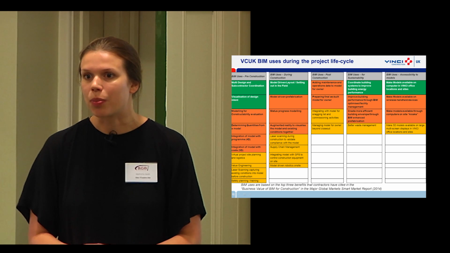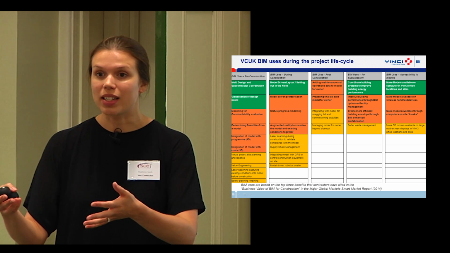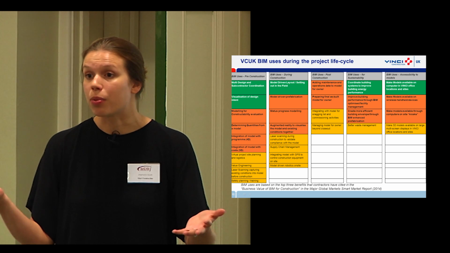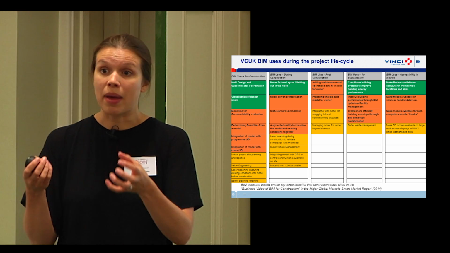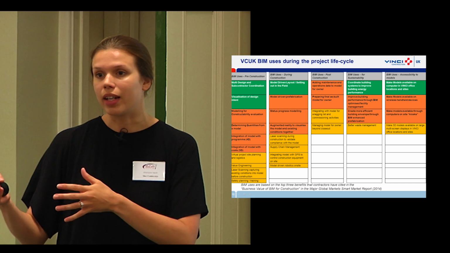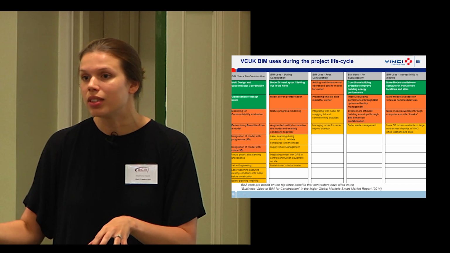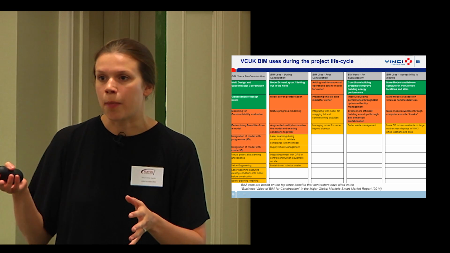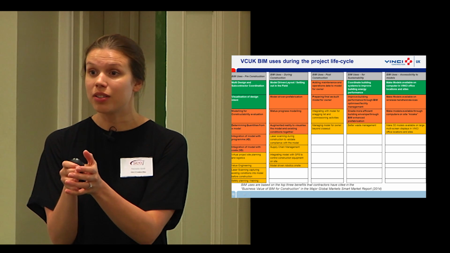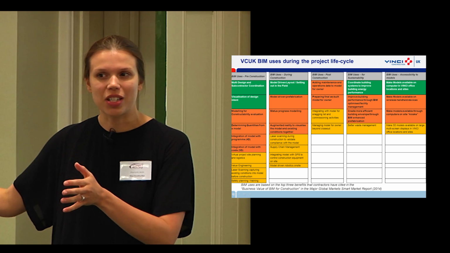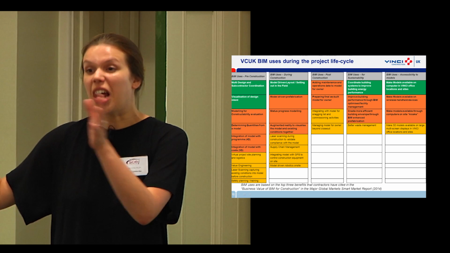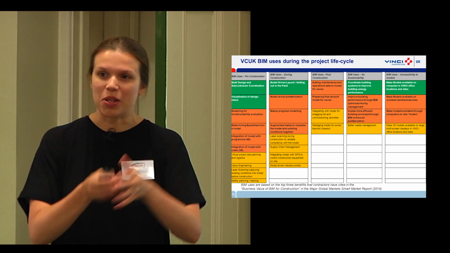On an MOJ project, we were able to slightly amend the design to save the client the cost of an additional guard by slightly changing the alignment of a wall. The cost of that guard throughout the whole life cycle of the project would have been a large amount of money, saved by doing that exercise.